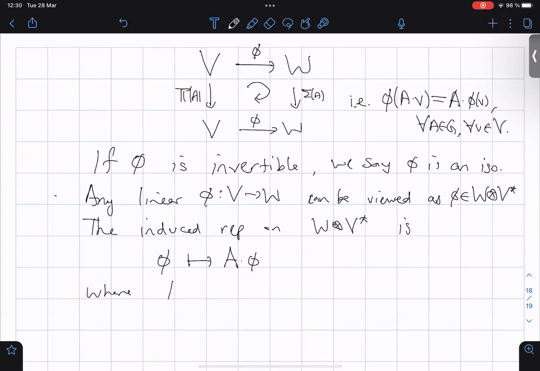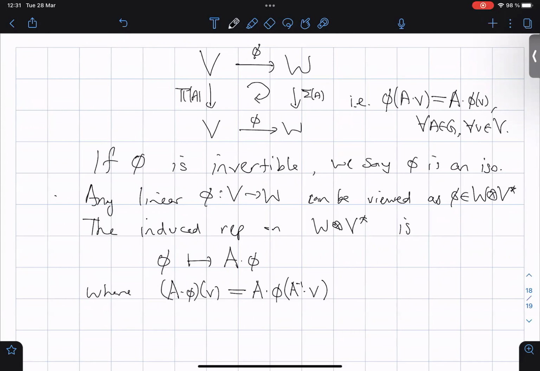So where A dot phi, to define it as a linear map, I have to feed it some input. And you do the natural thing. So on the V side, I have an action. On the W side, I also have an action. So what I'm going to do is put an A acting on output values, but I'm also going to twist it with an A on the inside, or rather an A inverse acting on the input.